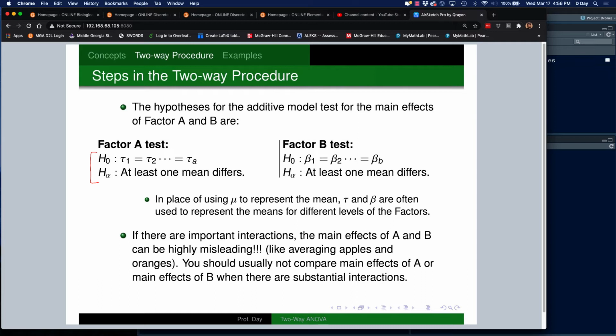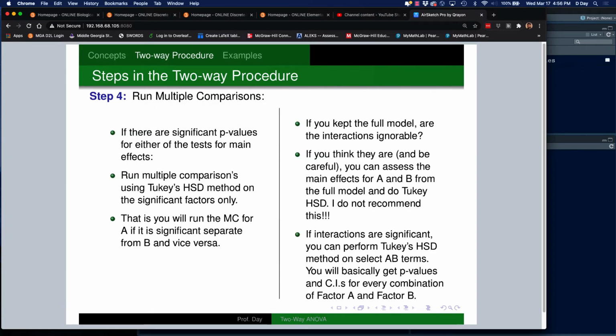If only one of them is significant, we're only going to be concerned about that one. Sometimes you might find that neither one is significant. It's possible. But if there are significant p-values for either factor A or B in our test of the main effects, we're going to run our multiple comparisons using Tukey's HSD method on the significant factors only.